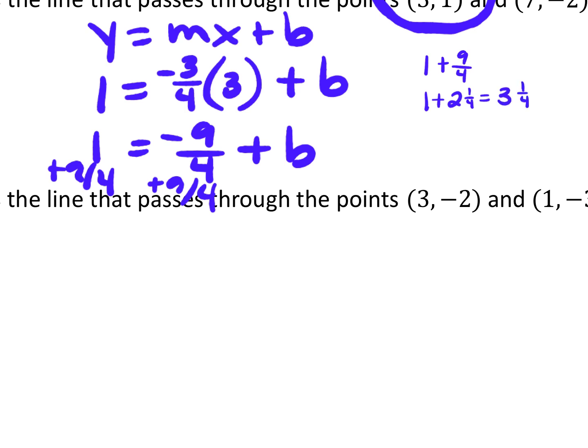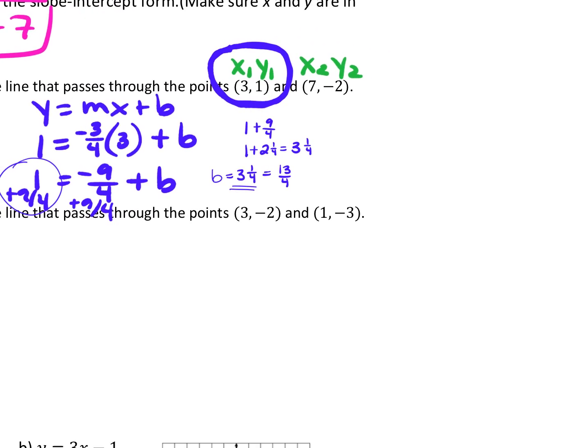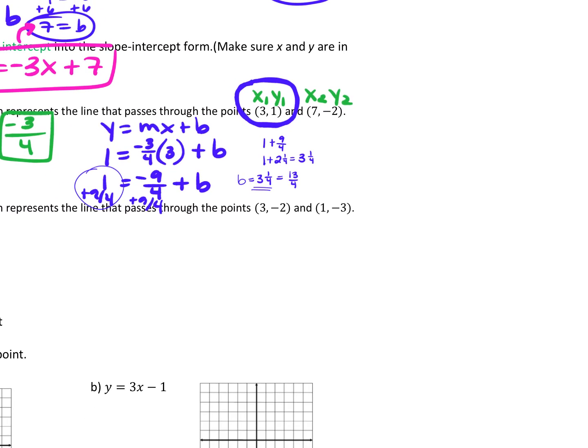So that was this, right? That's our b value. You can call it 3 1/4, or you could call it 13/4. Okay, I don't really care. I think this probably is a little more visual for you, like where would that fall on a graph? But you can do either. Okay, so here's the part that people often forget to do.